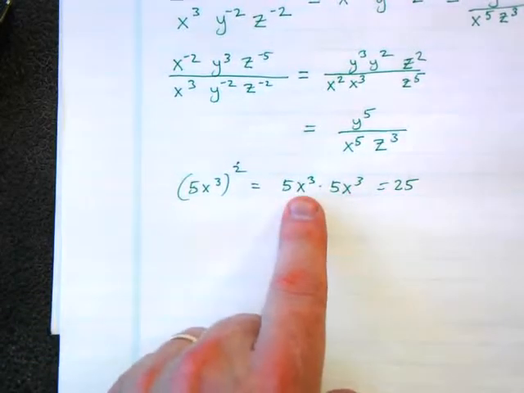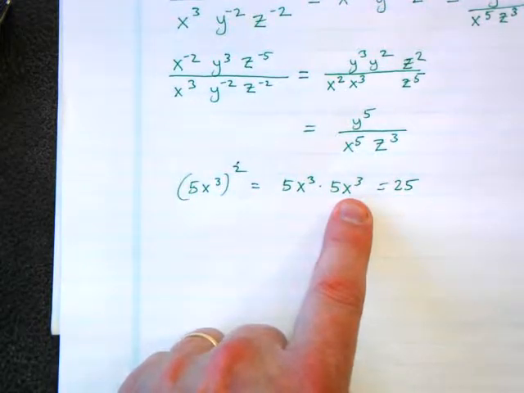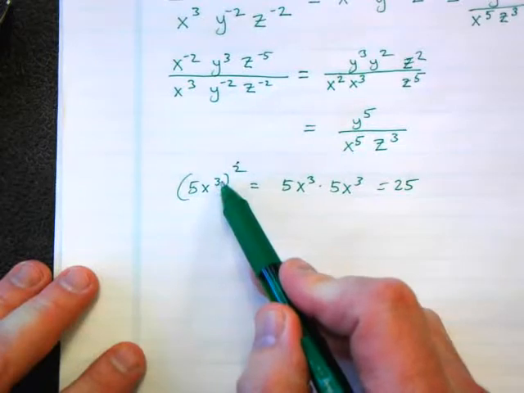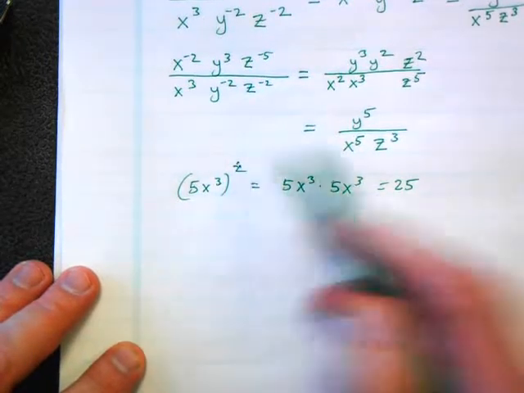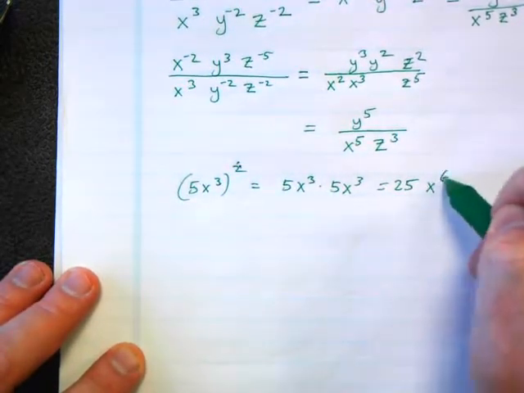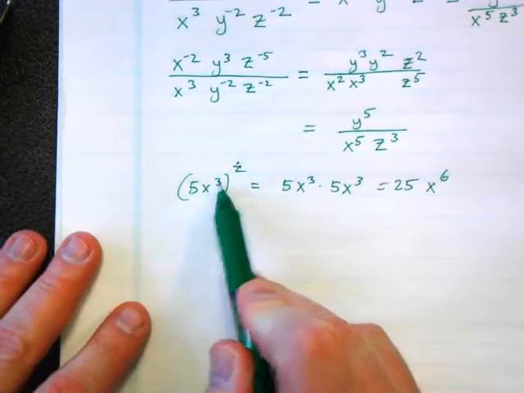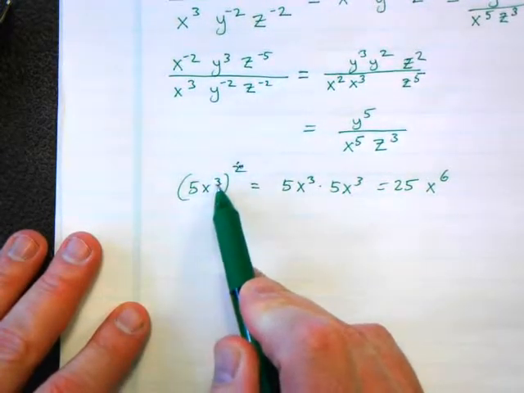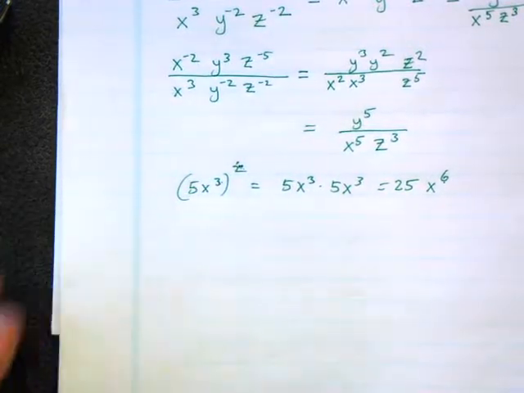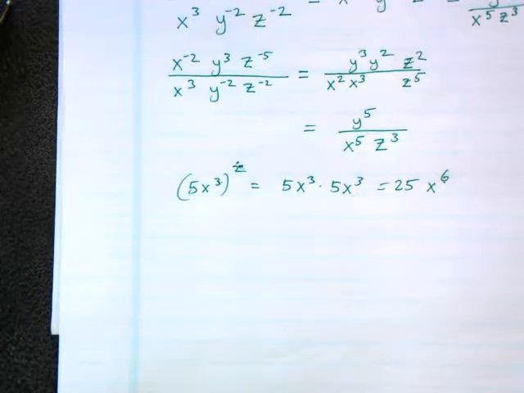And then what's x cubed times x cubed? X to the 6. And notice 3 times 2 gives 6. So that's why that works. When you have a power followed by another power, you multiply. 3 times 2 is 6. Questions on that?